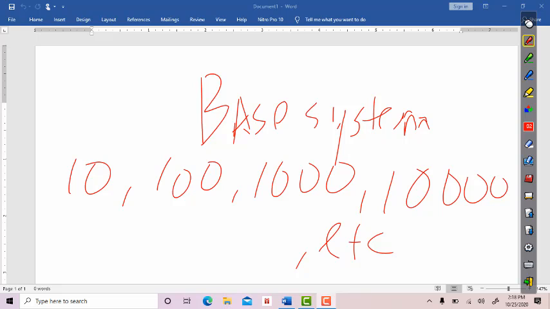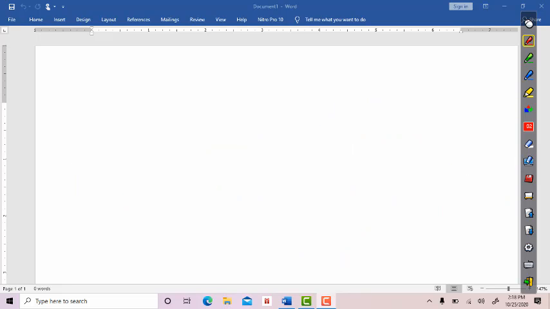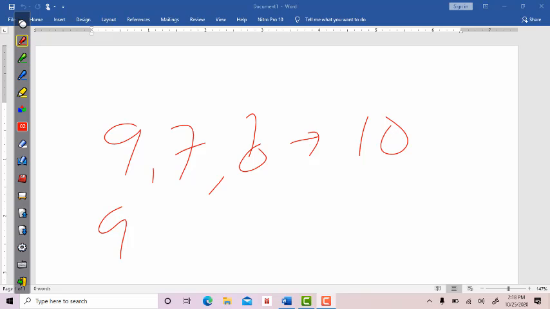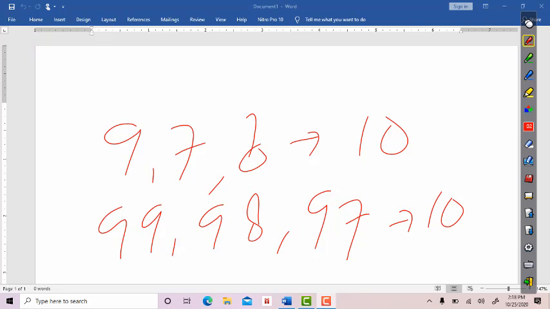For example, here we have 9 or 7 or 8. We will take the base of number 10. But when we take 99 or 98 or 97, it will be the base of 100.